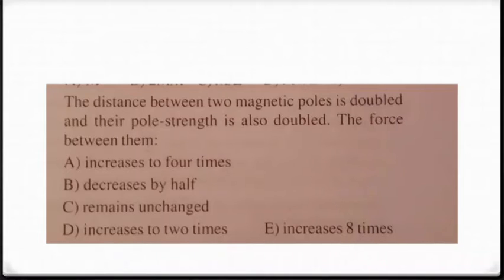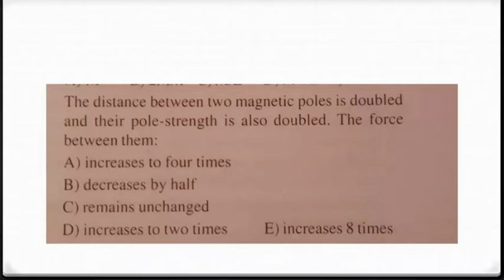E, increases 8 times. We know that by the force equation, F is directly proportional to m1 m2 divided by r square. That means the product of the pole strengths divided by the square of the distance between them. Here m1 becomes 2m1 and m2 becomes 2m2, so both are doubled. Also the distance is doubled.